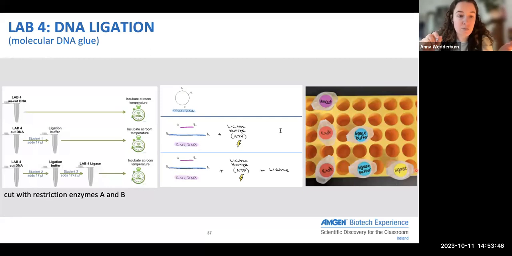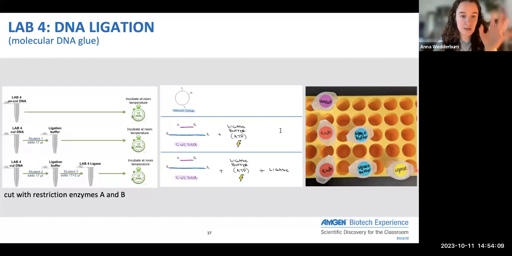Like 2 microliters of ligase buffer, that's absolutely teeny tiny. So you need to centrifuge them in the little centrifuge they send you, and that just makes sure that all the liquid is actually down at the bottom. What you also want to make sure is that your students are adding everything down at the bottom, so that everything is actually mixing with each other.